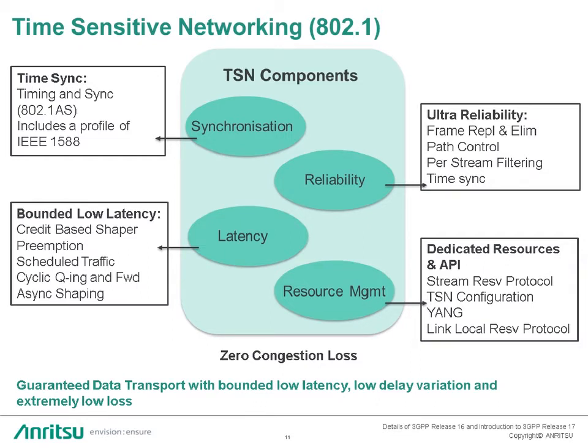But what 5G does is that it adds capability so that the ultra reliability, low latency aspect of time-sensitive networking that was existing in a factory can be used over 5G.